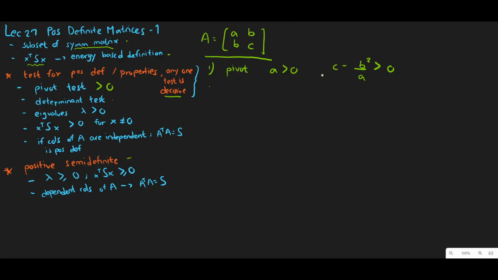So if you see any one of them is negative, then you know the matrix is not positive definite.